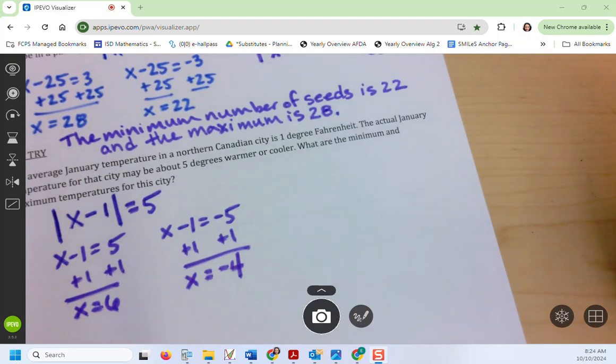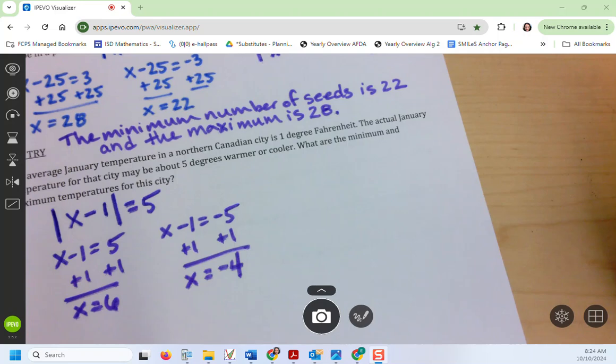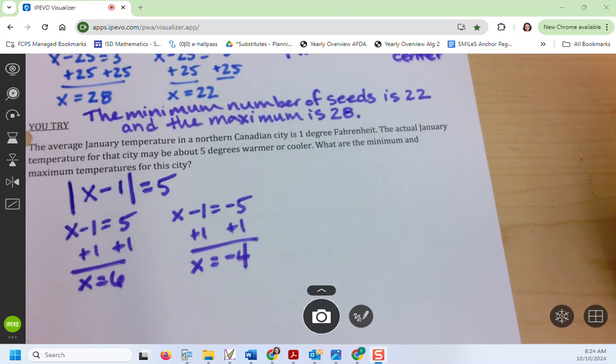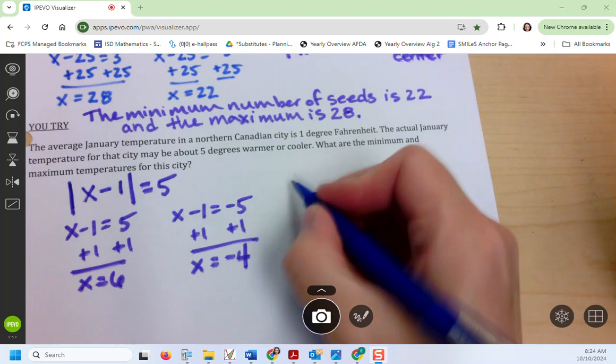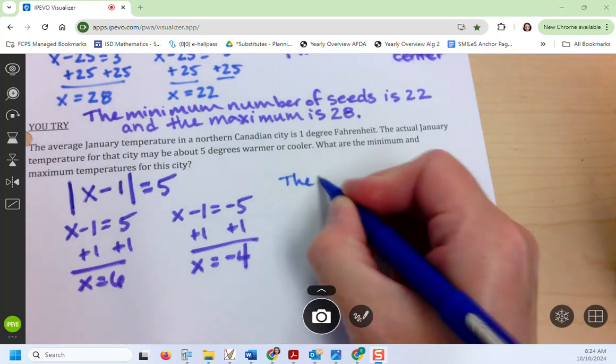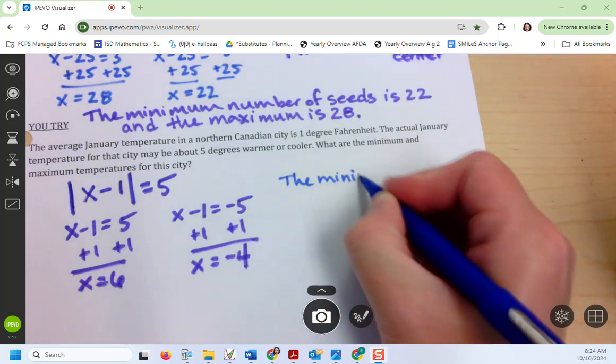Okay, and if you have already written a sentence of interpretation, raise your hand so I can see who's gotten that far. All right, I would say about 2/3 of you. Very good. Does anybody want to read their sentence? Go ahead, Hannah. The minimum temperature is -4 and the max is 6. Nice. Thank you.